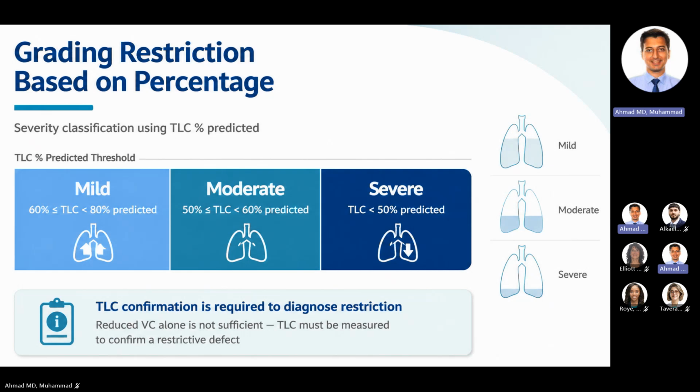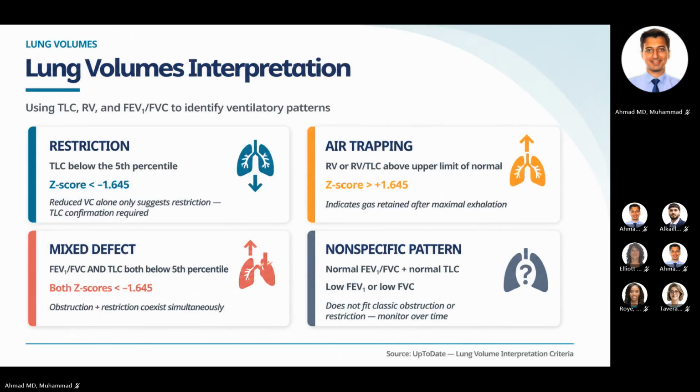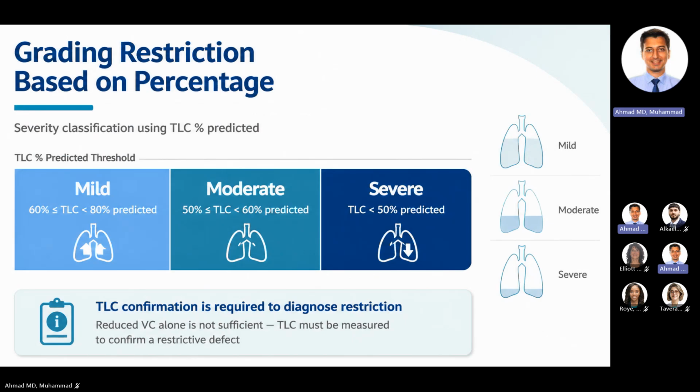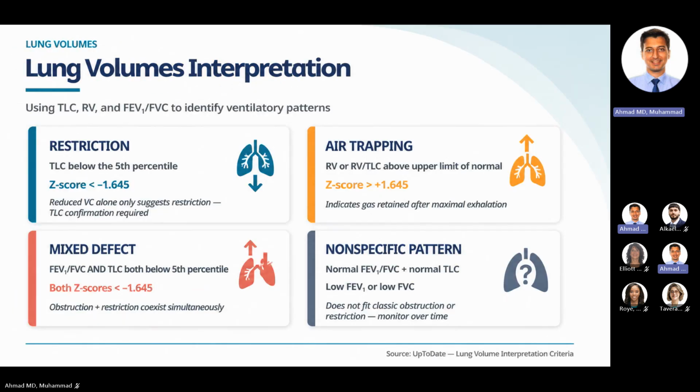Moderate is between 50 to 60%, and severe is less than 50%. So you also use lung volume interpretation. You use the Z-scores to categorize and measure their lung volume restriction. For those individuals who do not have Z-scores, you look at percentage of predicted.